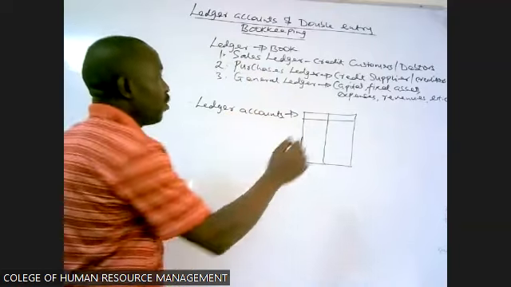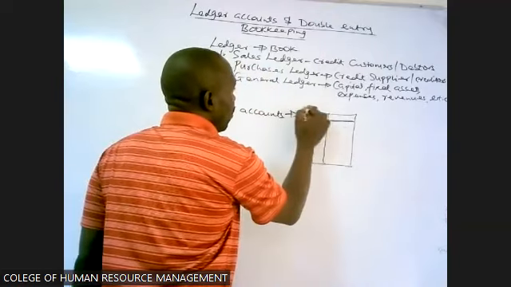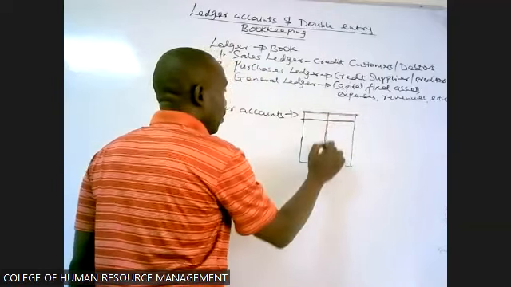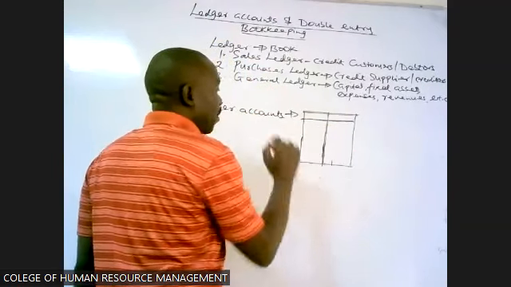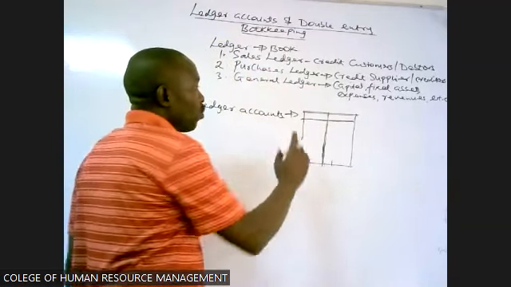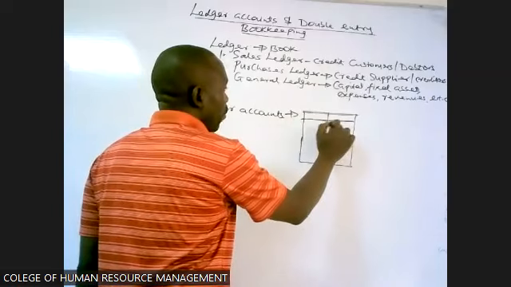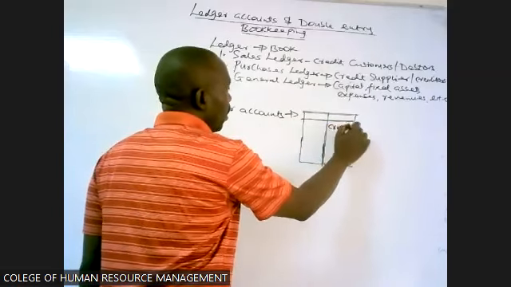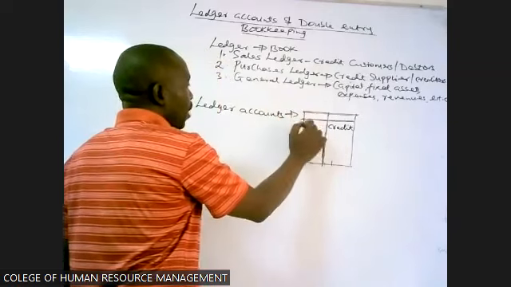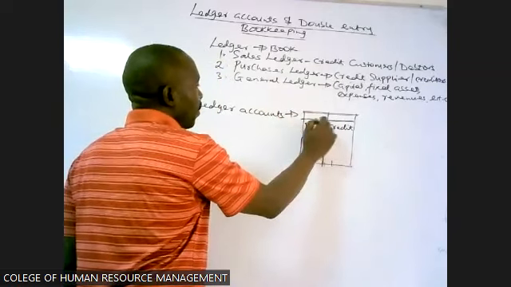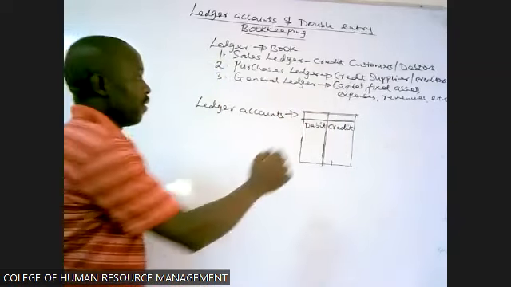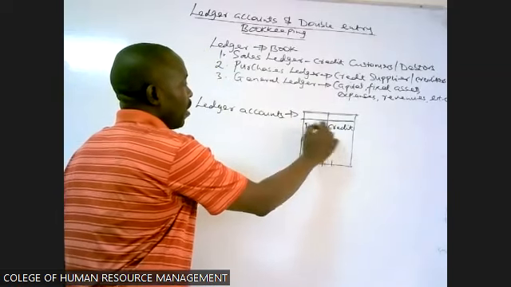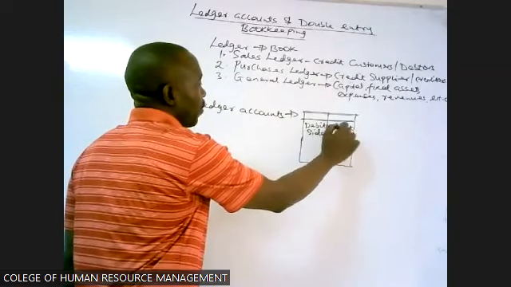And that page is going to be divided into 2 like this. So that is a page, maybe it was page number 1 for a particular account. The right-hand side, we normally call the credit, and the left-hand side, we normally call the debit, like that. This is the debit side. This is the credit side.